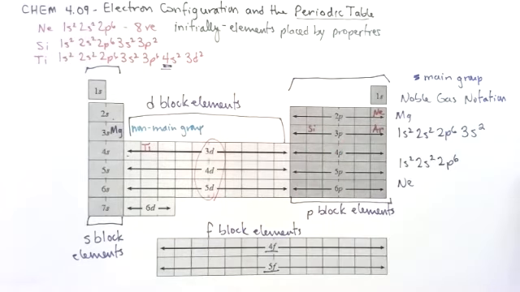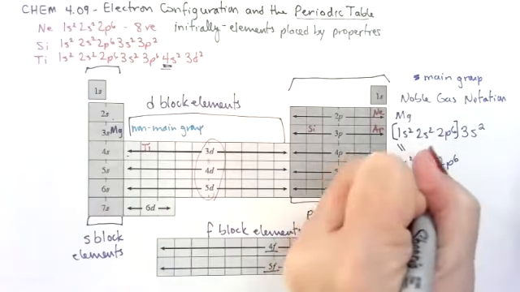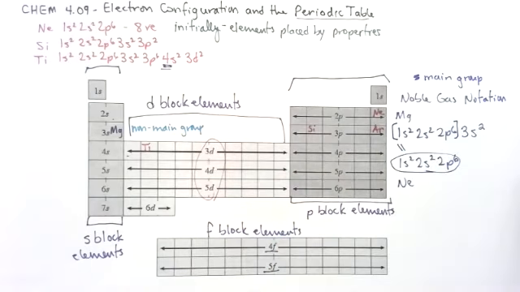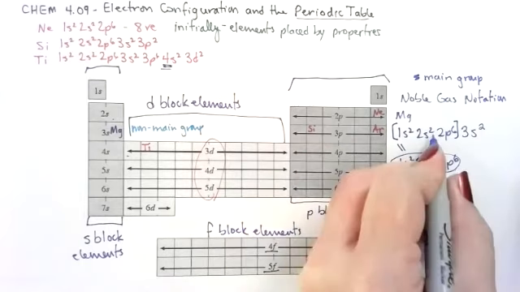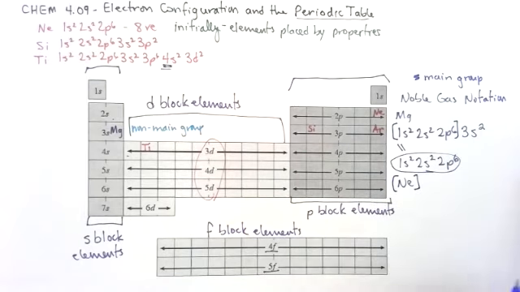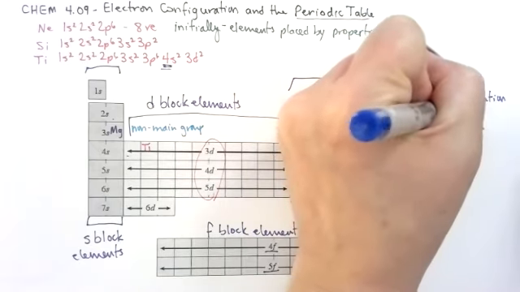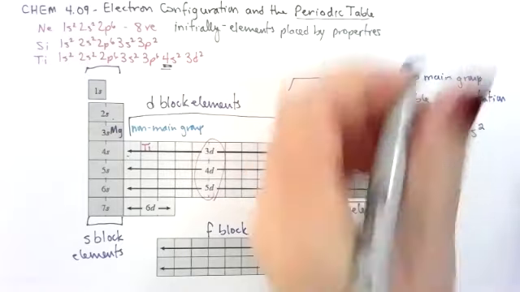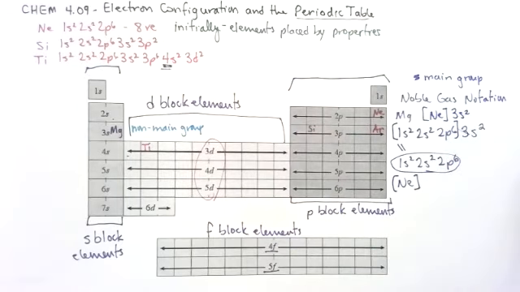Notice that this part of magnesium is equal to neon. So I can shortcut magnesium by putting neon in brackets. So I can write in noble gas notation, magnesium would be neon in brackets, 3s2. And that means the same thing, but it's a lot shorter to write.